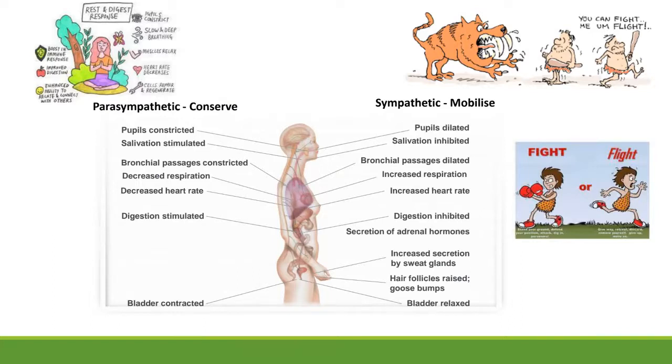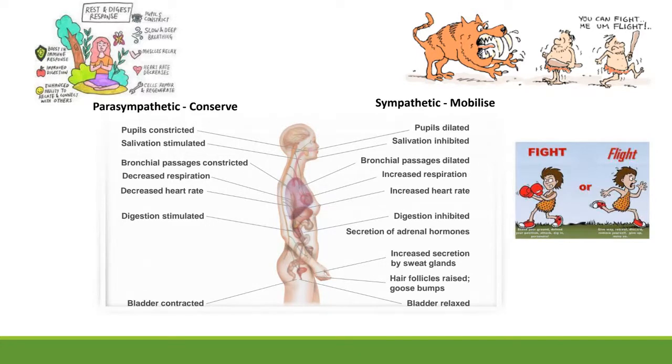It's that response when something comes in front of you: do you run away or do you stay and fight? The sympathetic mobilizes our body's resources to fight or flight. So pupils become dilated. Your mouth dries up when you've got a fear stimulus in front of you. Your bronchial passages dilate. You breathe deeper.